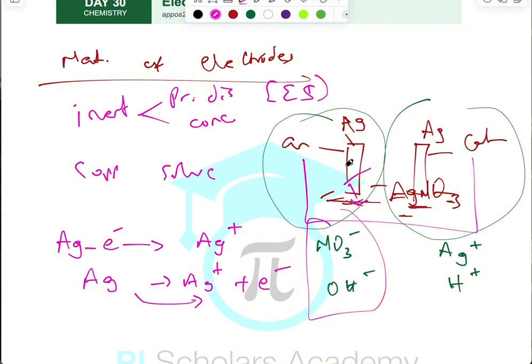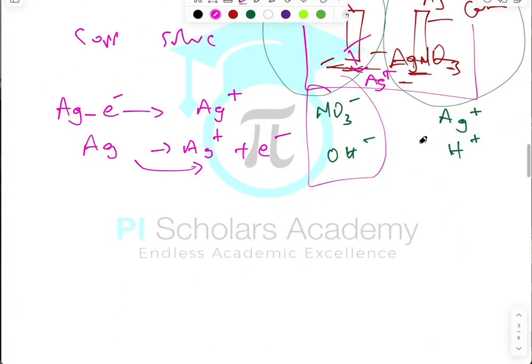In this case, nothing is deposited. Instead, part of the anode itself dissolves into solution. And what is going to happen is that there can be an increase in the concentration of Ag plus in the solution. I'm not actually interested in giving too much analysis about that.